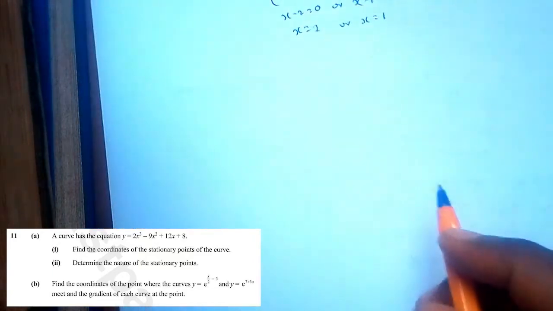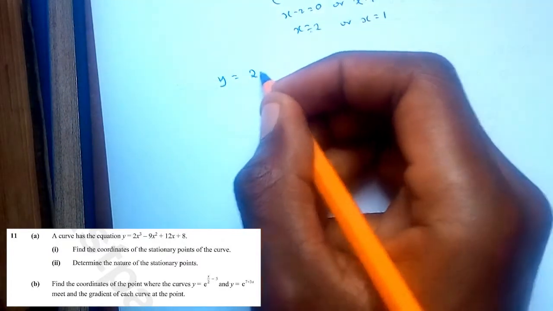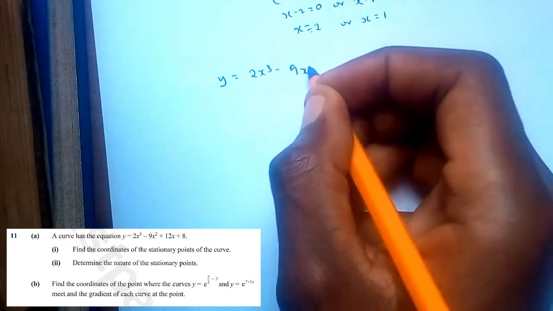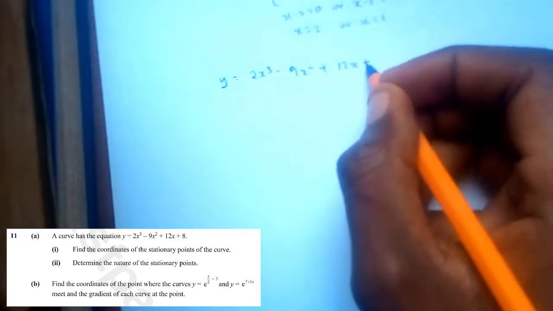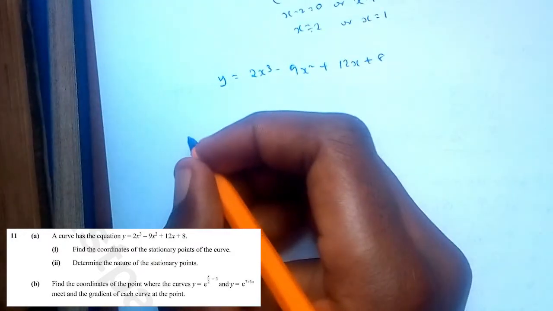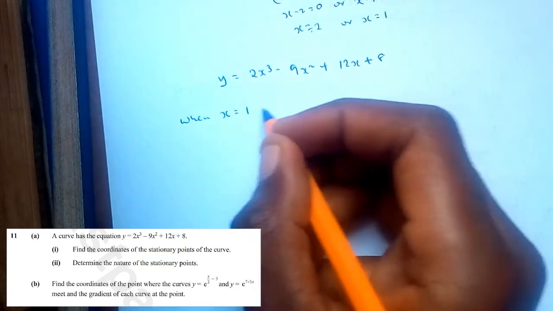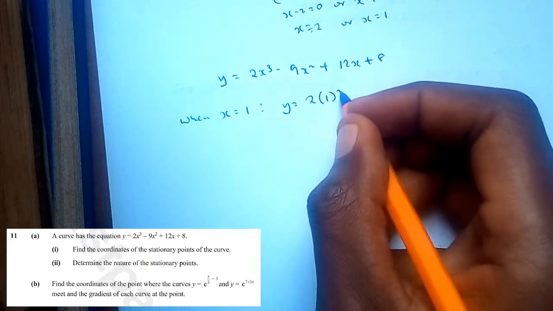Then we replace these figures into the original equation, which is y is equal to 2x cubed minus 9x squared plus 12x plus 8. So when x is equal to 1, my y will be equal to 2 times 1 cubed minus 9 times 1 squared plus 12 times 1 plus 8.